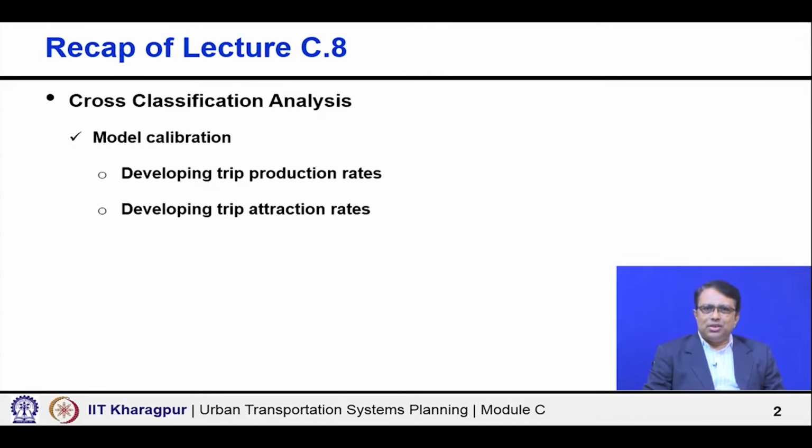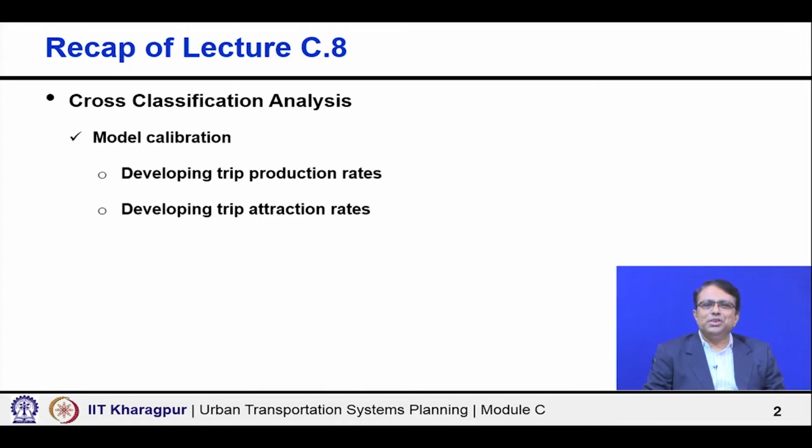So, that discussion was made, particularly the model calibration part, in Lecture 8, and we explained how to develop the trip production rates and trip attraction rates based on the model structure. So, we define the model structure, then we develop the rate, and why did we do all these things? What is our ultimate purpose?